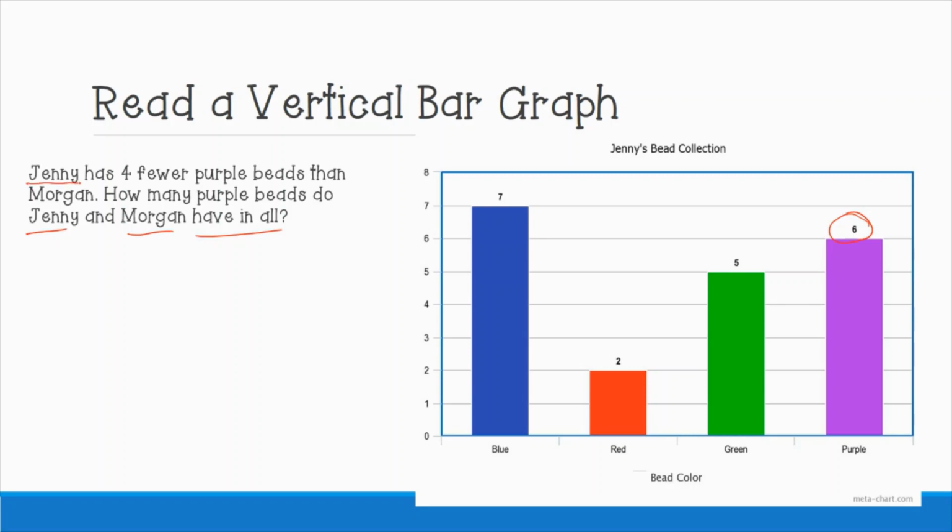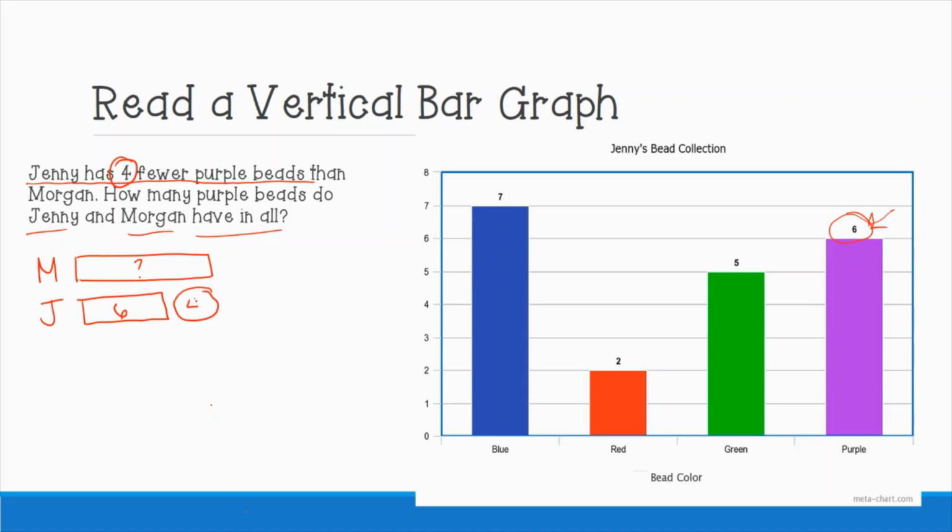Now I know that Jenny has 4 fewer purple beads. So Jenny has less. So we're going to put Morgan's comparison bar on the top, but we don't know how many Morgan has. We do know how many Jenny has because I can find that information over here on my graph. Jenny has 6. We also know it's 4 fewer.